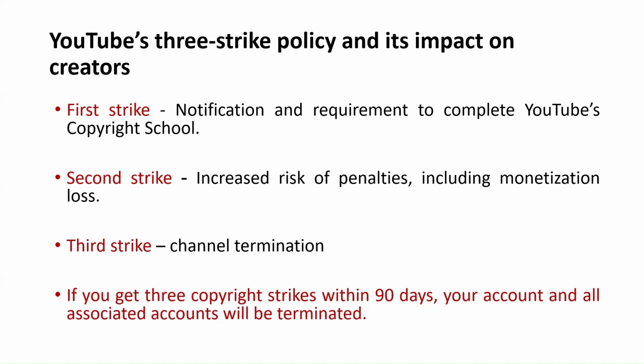And if you get a second strike, it will increase the risk of penalties, including monetization loss. And if you get a third strike within 90 days of the first strike, your channel and all the associated accounts can be terminated. So this happens only if you get 3 strikes within a period of 90 days.